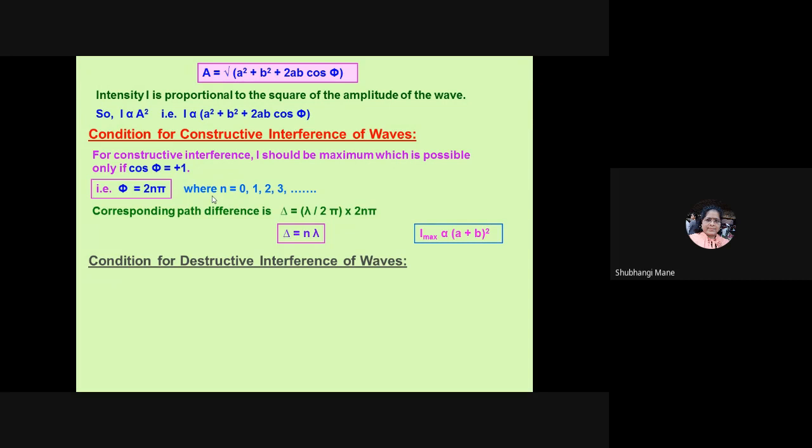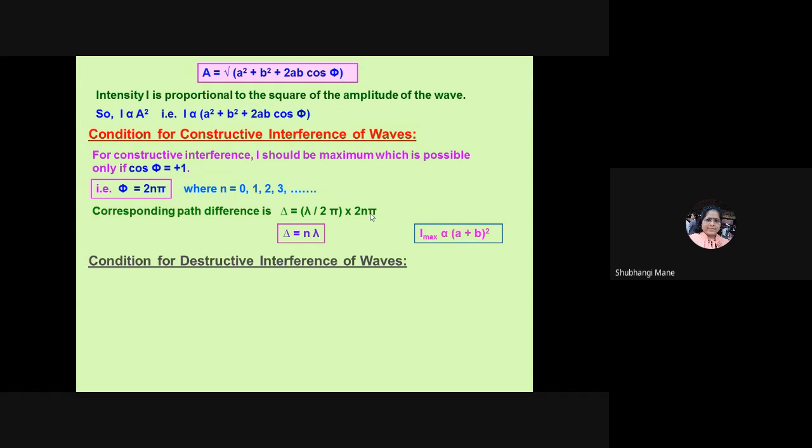Then, what is the phase difference? The phase difference is 2n pi, where n equals 1, n equals 2, n equals 3, and we get different orders of bands. And the corresponding path difference is delta equals lambda upon 2 pi into 2n pi.